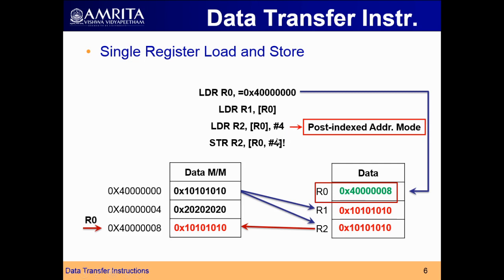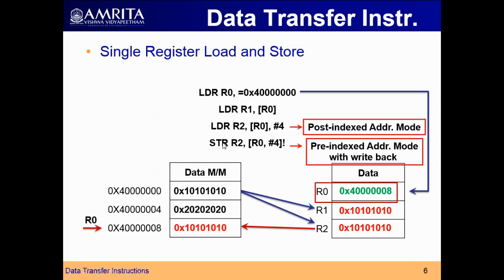And since this exclamation mark was there, your address was updated. If the exclamation mark is not there, the address will not be updated, right? So what is this type of addressing known as? Pre-indexed addressing mode with write back. And for the store operation also, you can perform this kind of post-index addressing mode.